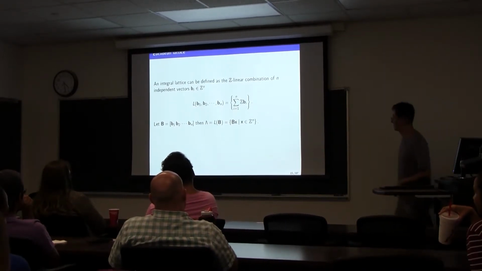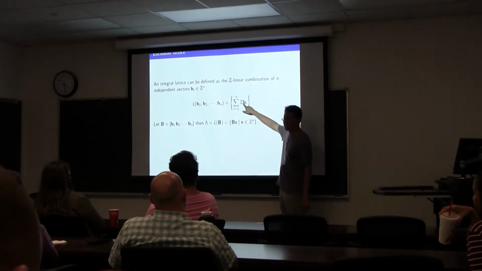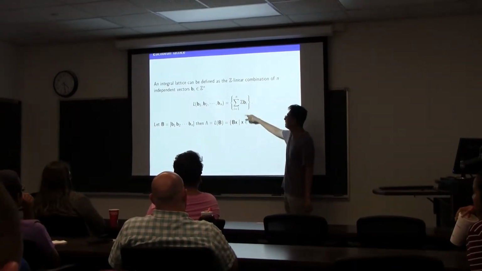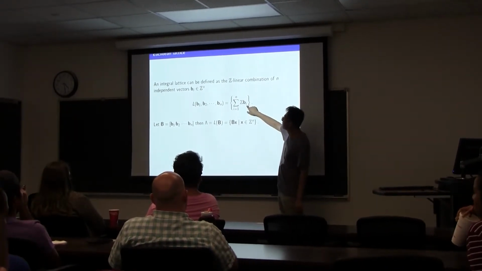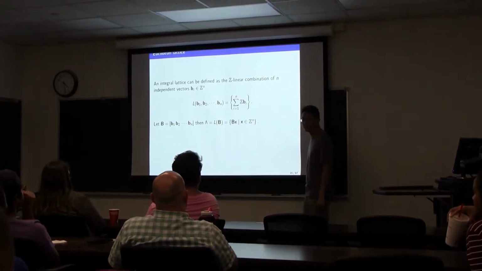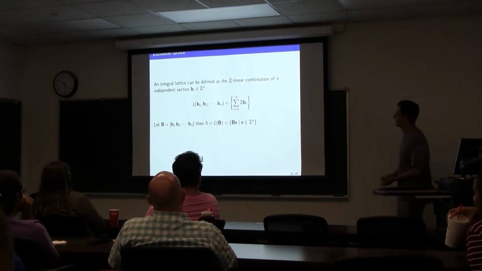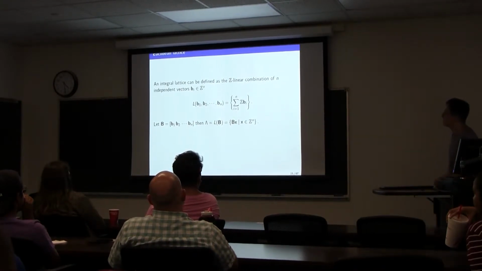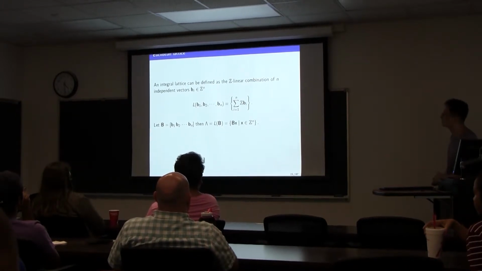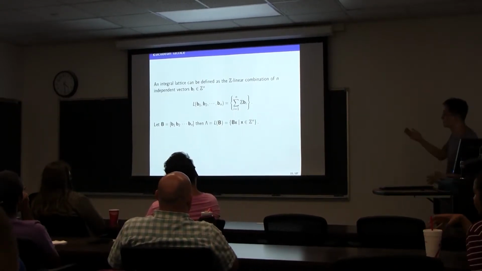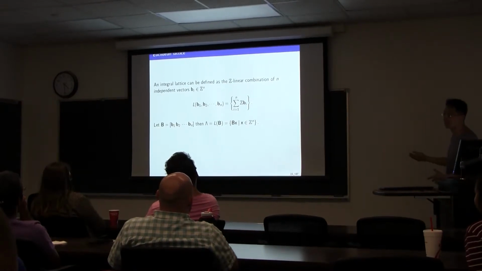So you restrict your spanning coefficients to be in Z. For convenience, I also require that each of the vectors b_i is an integer vector. This is not necessary, but just for convenience. So given n vectors b1 to bn, the lattice formed by them is the integral linear span of these vectors. So already from this definition, you can see it's a discrete kind of thing.